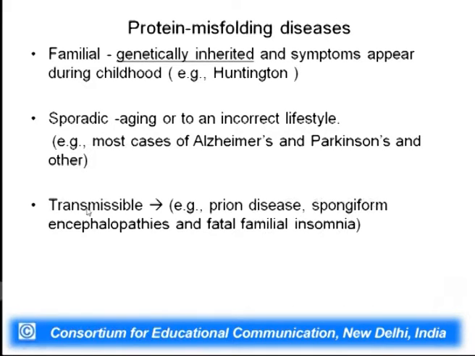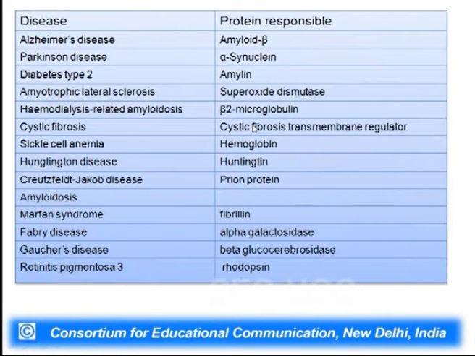Then there are certain transmissible protein misfolding diseases as well, and we will see the example of prions which cause spongiform encephalopathies.